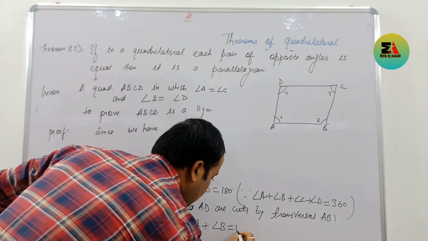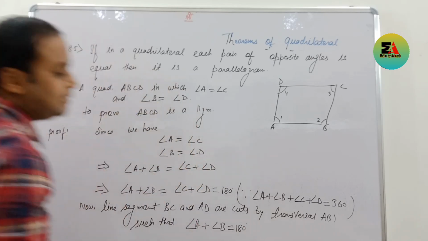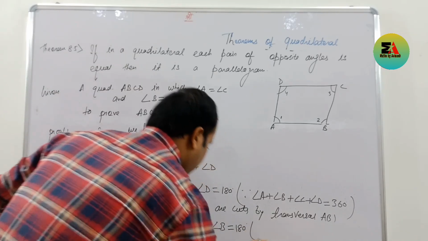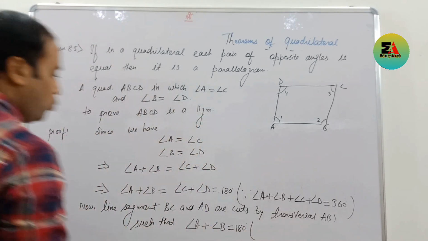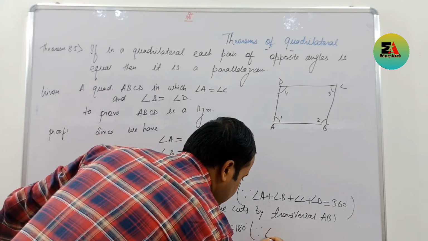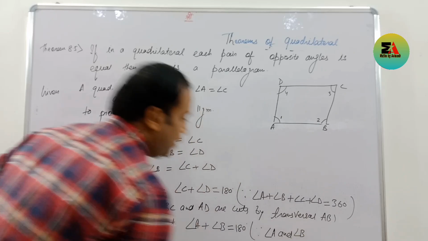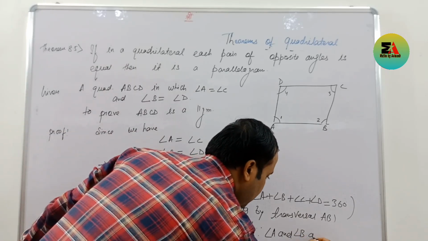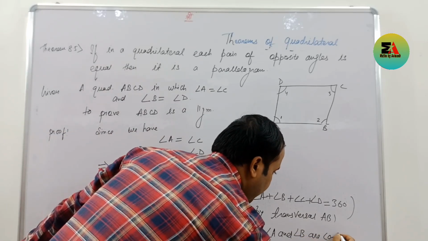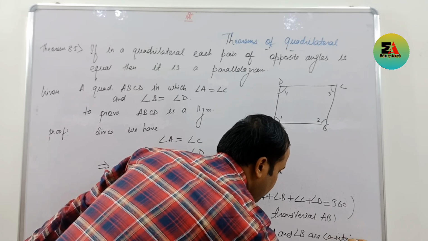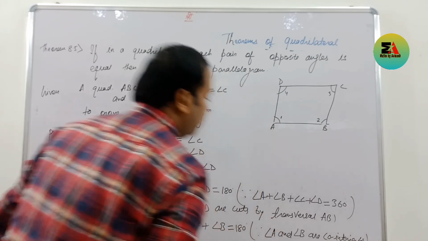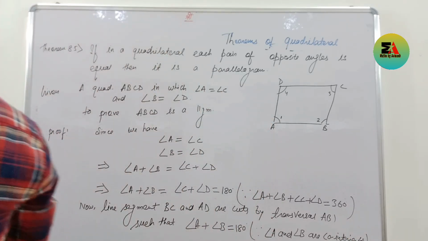We know this is already written in lines and angles. Why? Because angles A and B are co-interior angles, whose sum is 180 degrees.